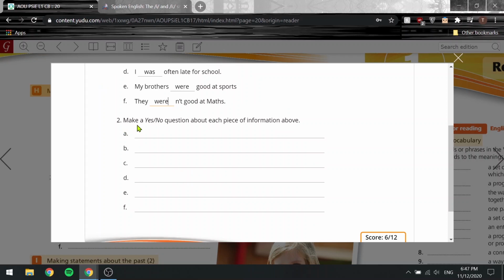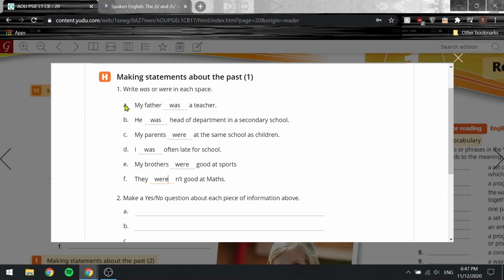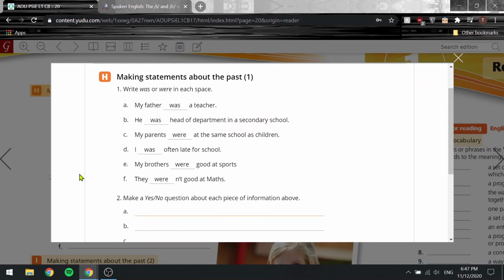Then you have 2, make a yes or no question about each piece of information above. So notice how we have, how many? 1, 2, 3, 4, 5, 6. So we have 6. We're going to be writing 6 yes or no questions for every sentence that we have here. So let's start with 1. My father was a teacher. So for yes or no, I'll say, was your father a teacher? And question mark.